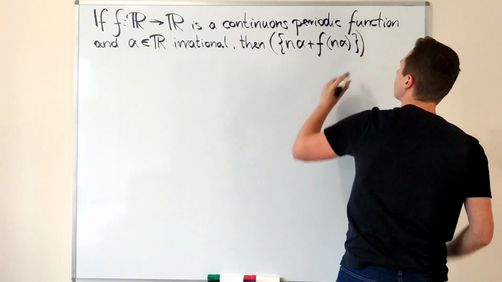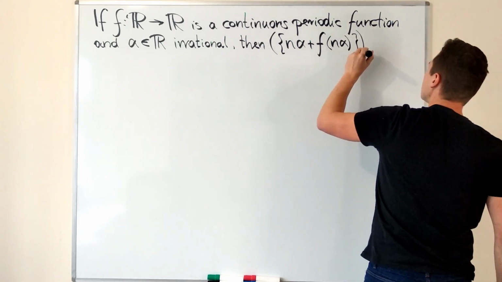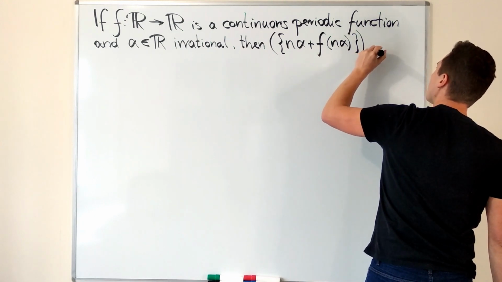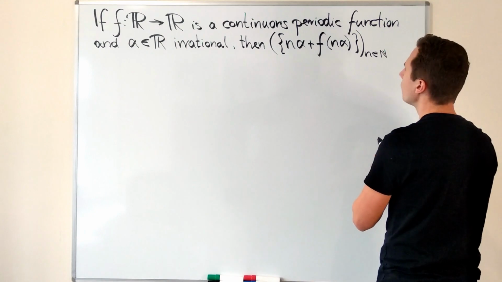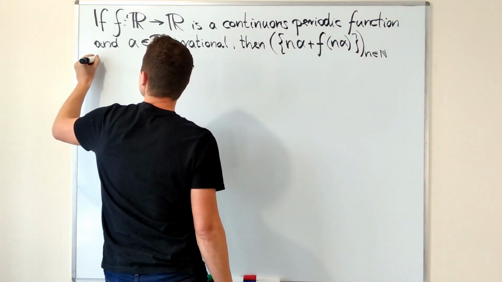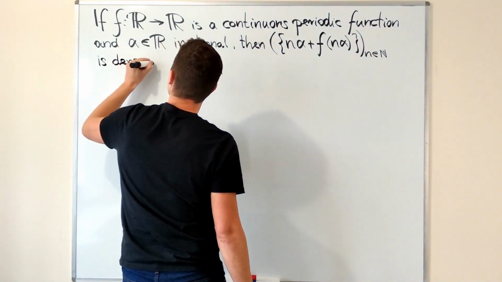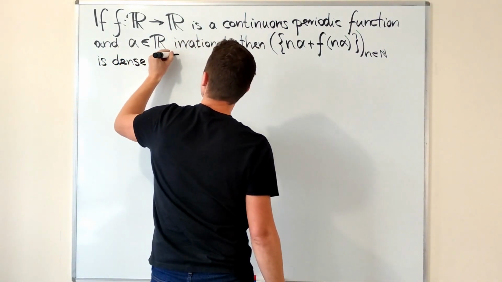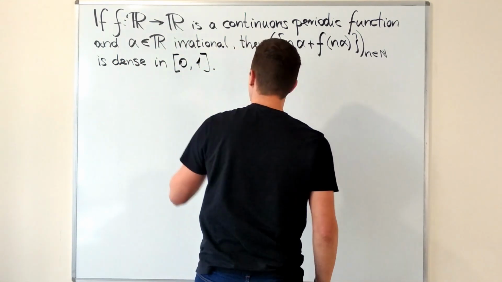So we are taking the fractional part of this number, and n is running through the elements of the set of natural numbers, so 1, 2, 3, and so on. Then this sequence of numbers is dense in the closed interval between 0 and 1.